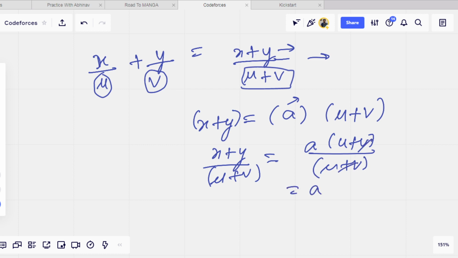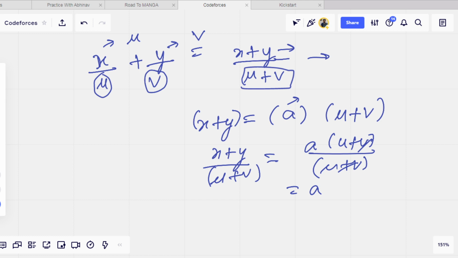So the first thing is that x plus y should be a multiple of u plus v. The other thing is that x should be a multiple of u and y should be a multiple of v. Basically we have to cancel the denominators and make these fractions into whole numbers, and then we will check.